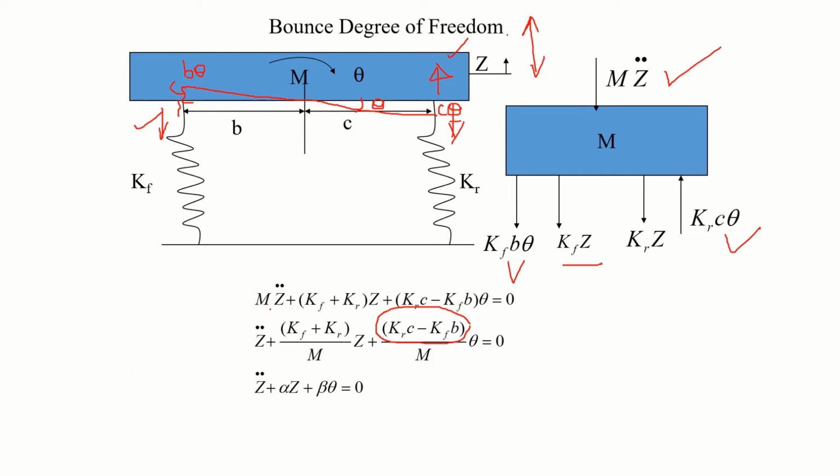Here by chance this side gets compressed, this will be acting in the opposite direction, this force stretches, this force will be acting in this direction. So these two forces are acting in the opposite direction, that's why minus sign here. Then divide throughout by m, and this part you can call alpha, and this part you can call beta. So we have got one equation.